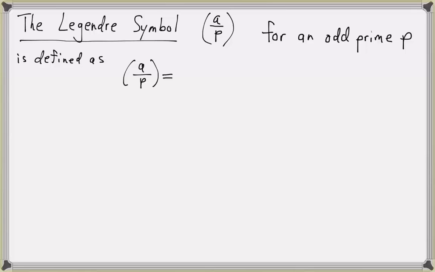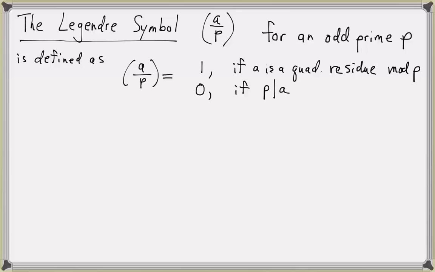A over P will equal 1 if A is a quadratic residue mod P. The Legendre symbol A over P will equal 0 if P divides A, or equivalently if A is 0 mod P, and the Legendre symbol equals -1 if A is a quadratic non-residue mod P.